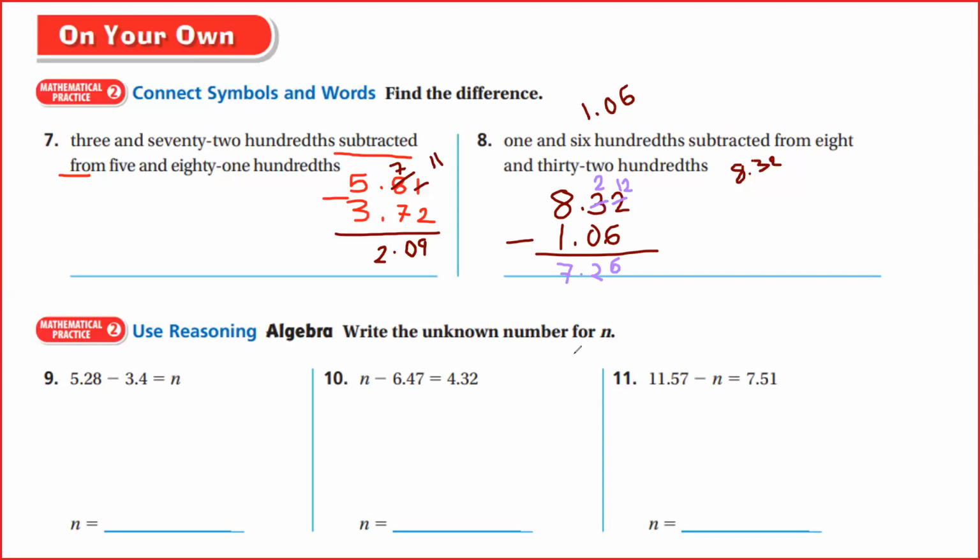Now, Matab. Yes, Matab. Here, what do you have? You have to write the unknown number. 5.28 minus 3.4 equals n. So how will you find n? What do you have to do here, Matab?